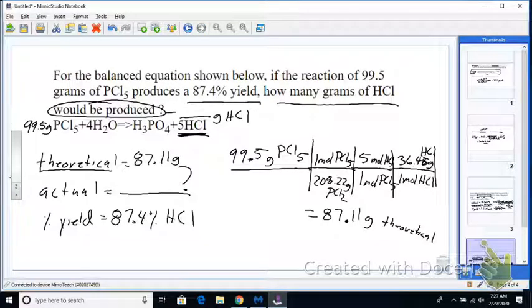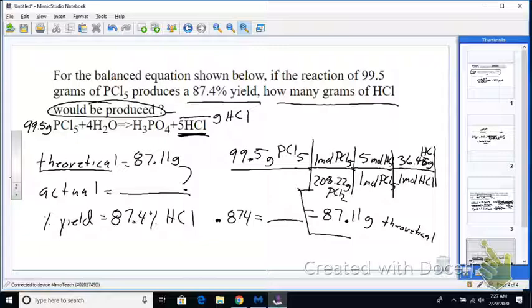Then we're going to take the percent yield and make it the decimal form, so 0.874. And I'll try to separate this out so we're not confused on that.